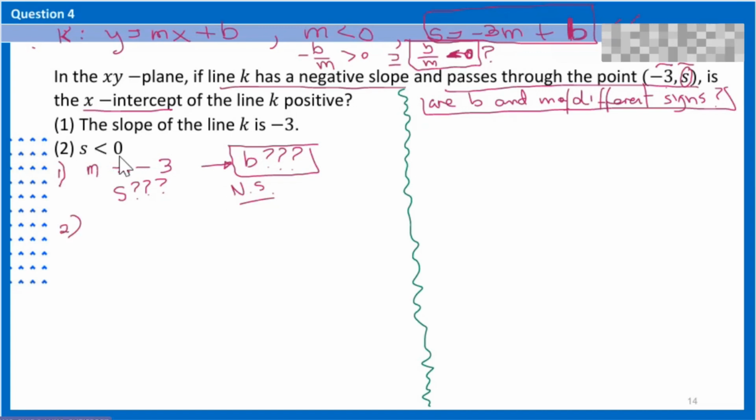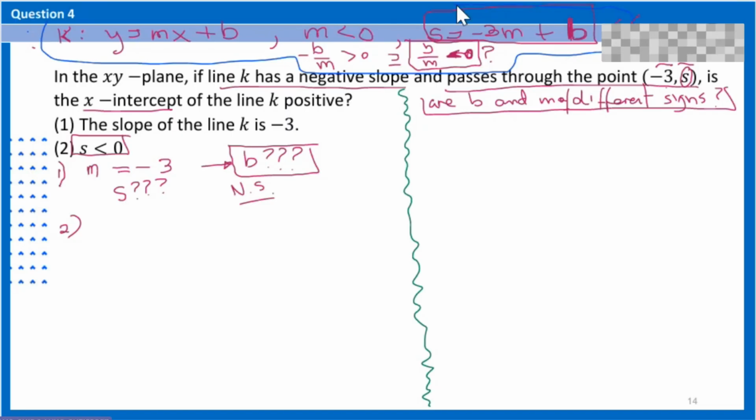S is less than 0. Oh, this is interesting. Let's take into account just the information above, please, not statement 1, only this. This is what we know to be certain from the information prior to the question. So I know that s is less than 0.